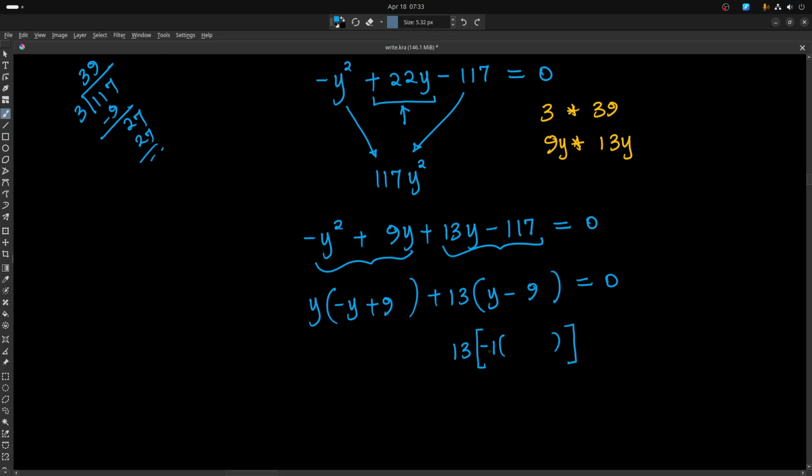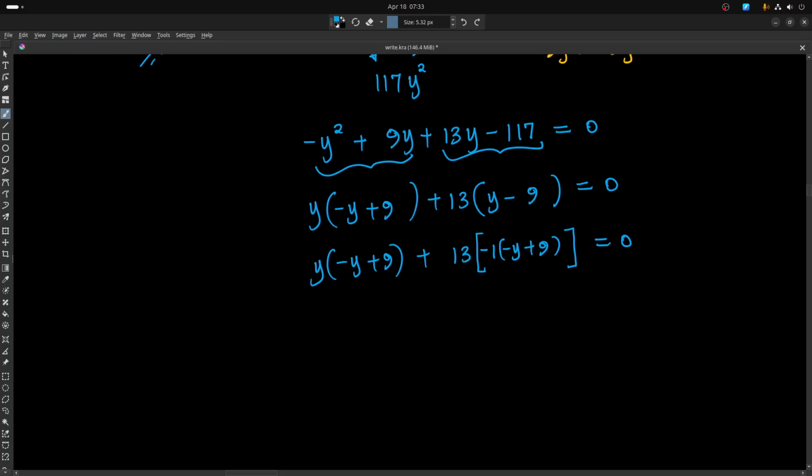So y divided by negative 1 becomes negative y. And then negative 9 divided by negative 1, that becomes plus 9. And now we have this other expression. And this is all equals to 0.